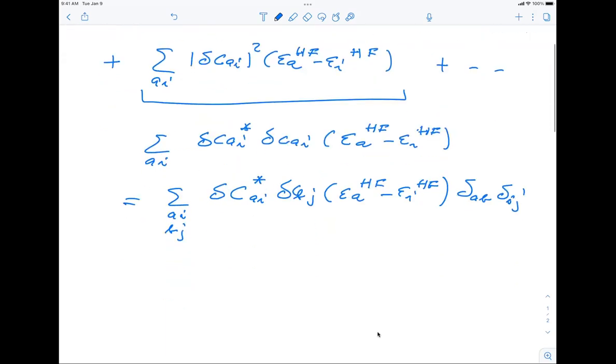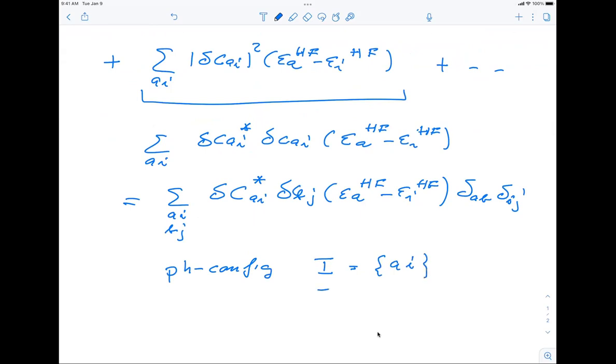Now, what you can do, if you look at this one, is think of this in terms of new indices. You would now say that you have a particle-hole configuration, and let's just call this configuration I, which now contains A and I. I'm just putting uppercase letters.